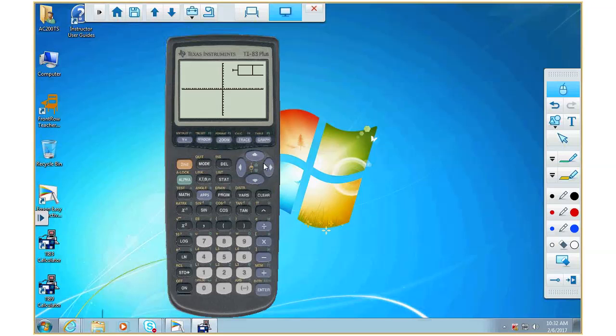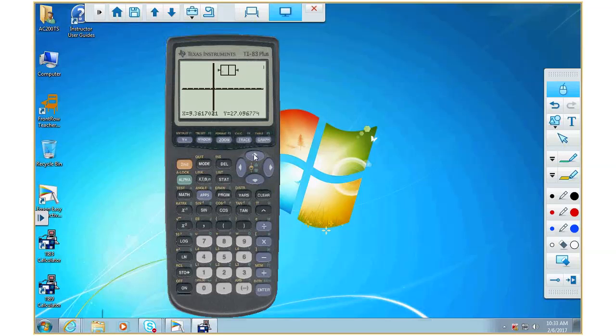Now you need to zoom. I think it's zoom fit. Where's zoom fit? Or zoom out. Let me try zoom 6. You got to zoom out just to get it. I'm not that familiar with zooming, so I just zoom out or zoom in. And then you can go in and zoom box.